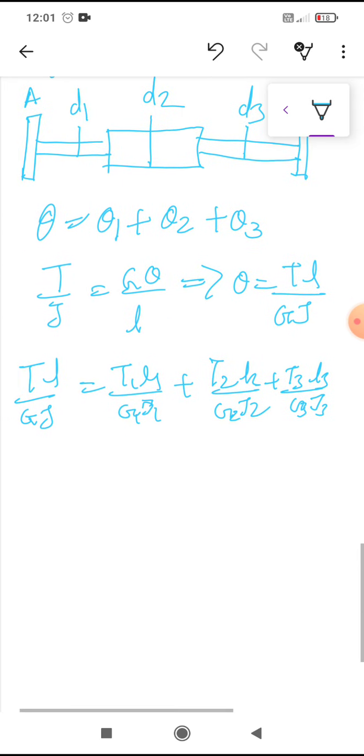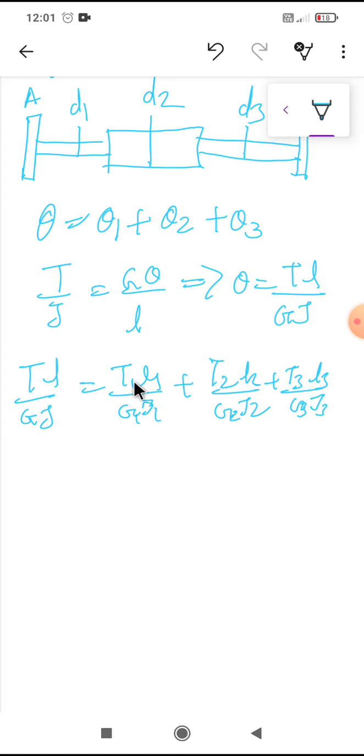Now in the last case, we took G and J as the same, but here we will not take J as the same because the diameter is different. J is the polar moment of inertia, whose formula is directly dependent on the diameter.